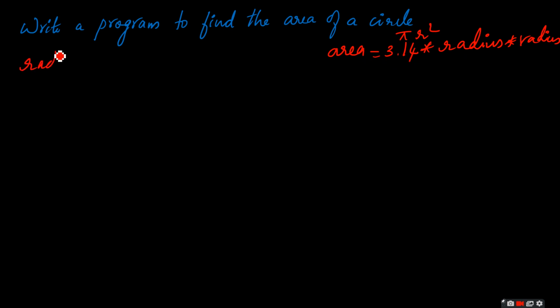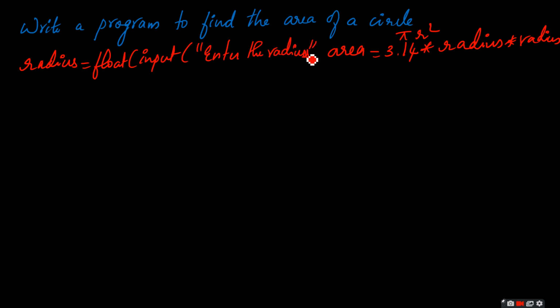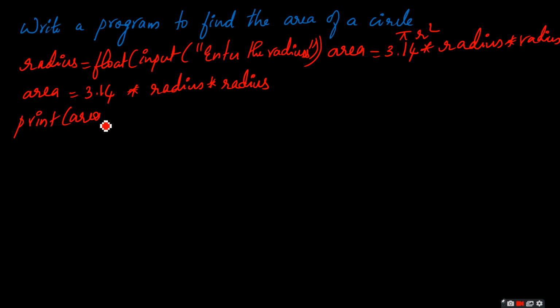So we can write like this, radius equal to float, input, enter the radius. Then we can write area equal to 3.14 into radius into radius. After that, we can write print area. This is one method. Or you can write like this.